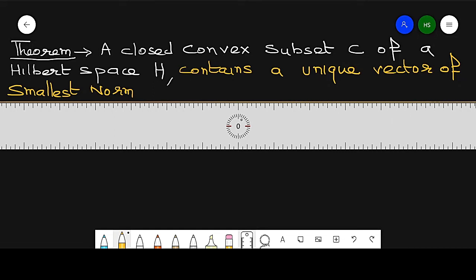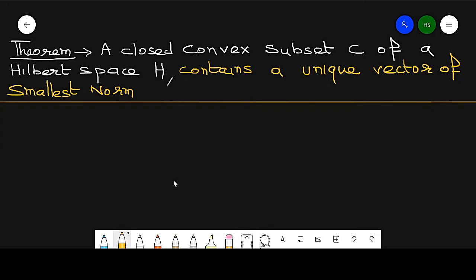To understand it better, just go through my notes, that is the book Spectrum Functional Analysis. You will find the entire theory of these theorems. Now the proof of this result.